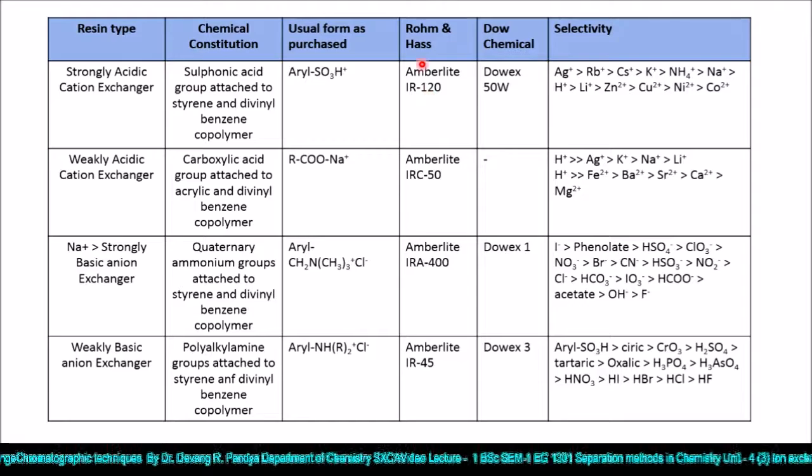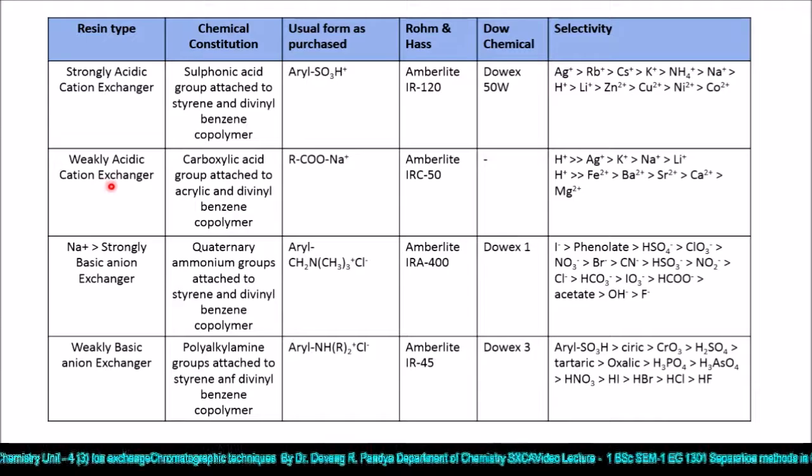As far as the market brand name is concerned, Amberlite IR 120 and Dowex 50W act as this kind of resin, and it can selectively separate silver, rubidium, cesium, potassium, ammonium, sodium, hydronium, lithium, zinc, copper, nickel, and cobalt kind of ions. Selectively, it can separate out this kind of cations.